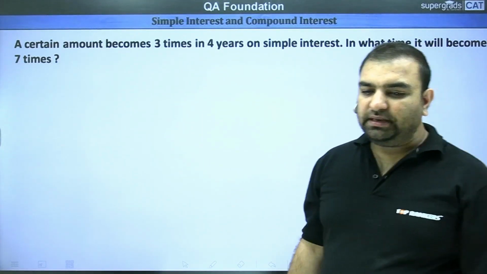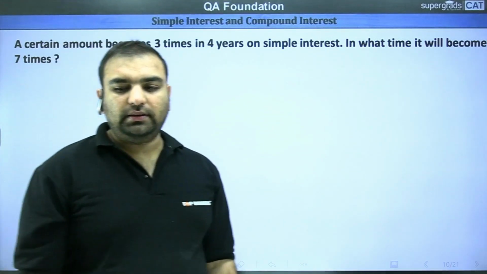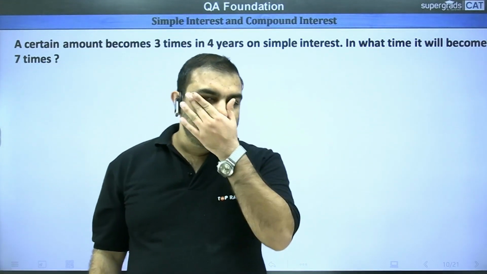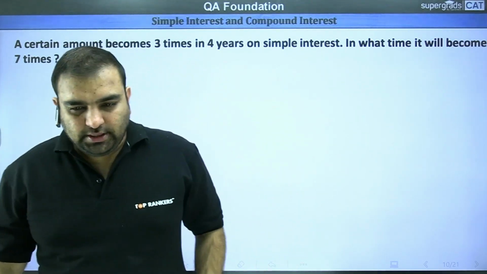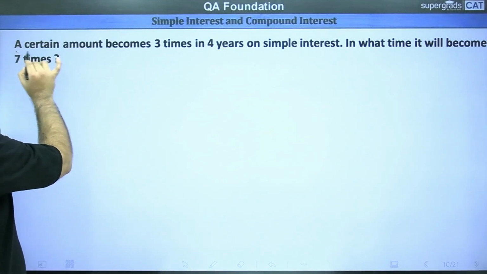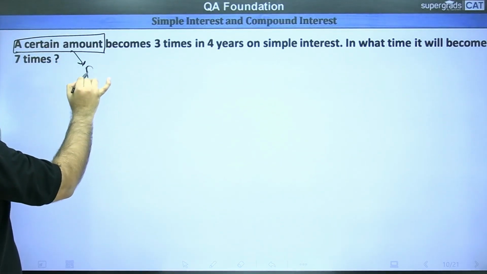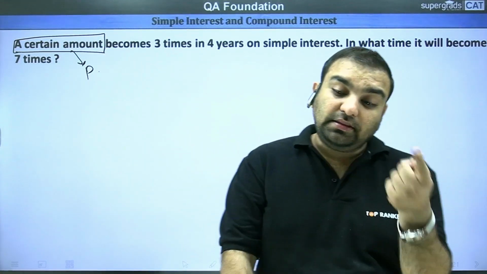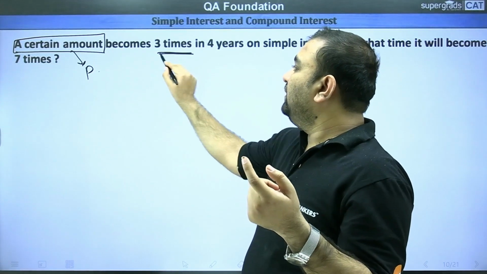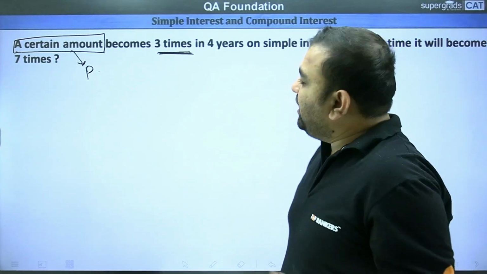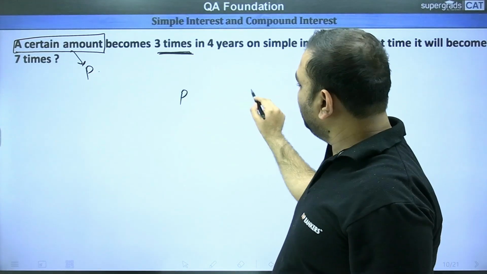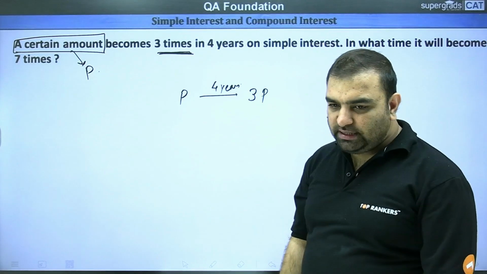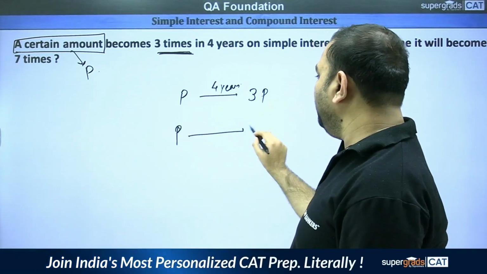A certain amount becomes 3 times in 4 years on simple interest. In what time will it become 7 times? छोटा पैकेट है बट बढ़िया क्वेश्चन है। ये जो सर्टेन अमाउंट है, ये प्रिंसिपल को डिनोट कर रहा है, कुछ पैसा था, इट इज बिकमिंग 3 टाइम्स। तो कहना है कि P का प्रिंसिपल 3P का अमाउंट हो जाता है 4 साल में। तो P का प्रिंसिपल 7P का अमाउंट कितने साल में होगा?